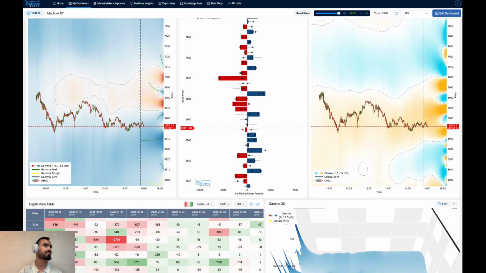When charm is suppressive, understand that price might tend to move towards the downside easier. If charm is supportive, the easiest path for the underlying is going to be towards the upside. And naturally, charm is going to find equilibrium at those charm flips, at those intersections between positive and negative charm, at the charm equals 0.